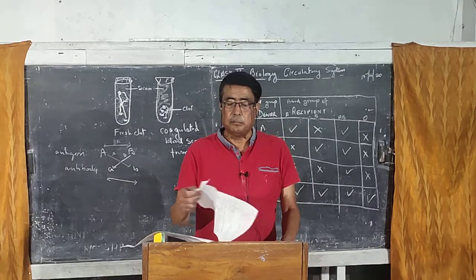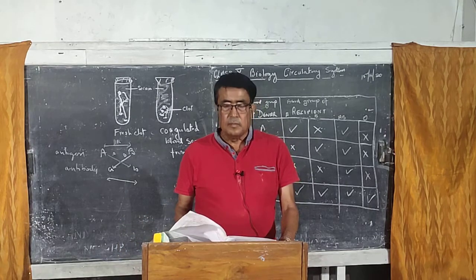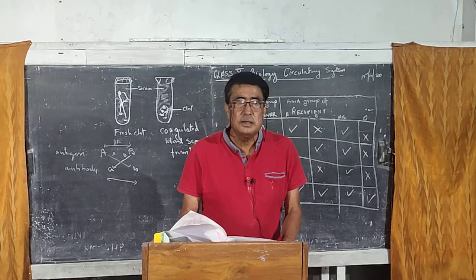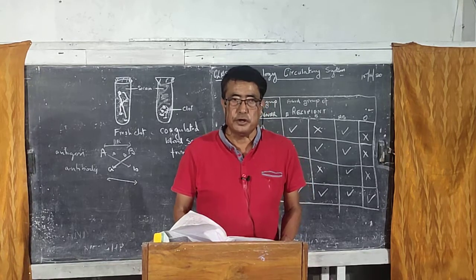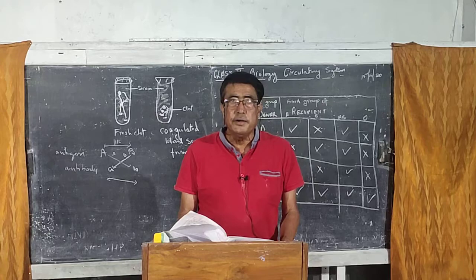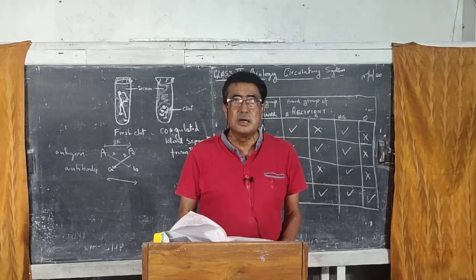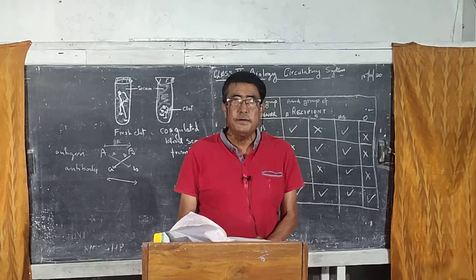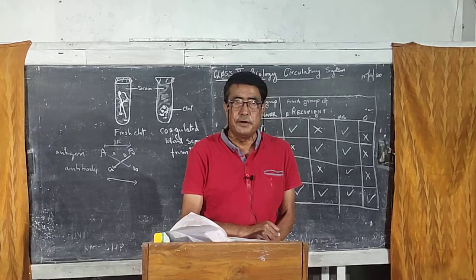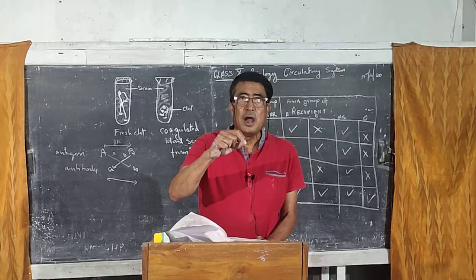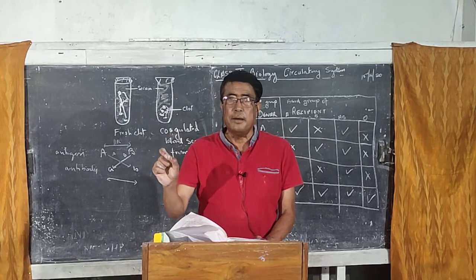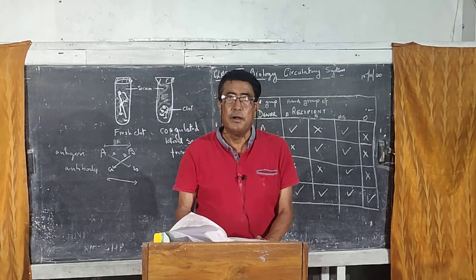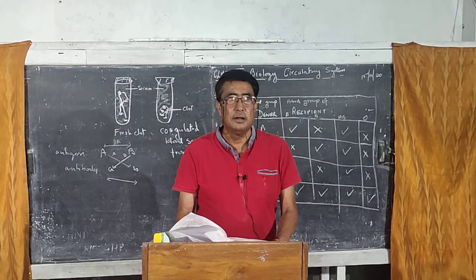There are two types of circulation of blood. One is systemic circulation and the other pulmonary circulation. Pulmonary circulation is a short circuit. It involves right ventricle, pulmonary artery, the capillaries in the lungs, and the pulmonary vein and the left auricle.